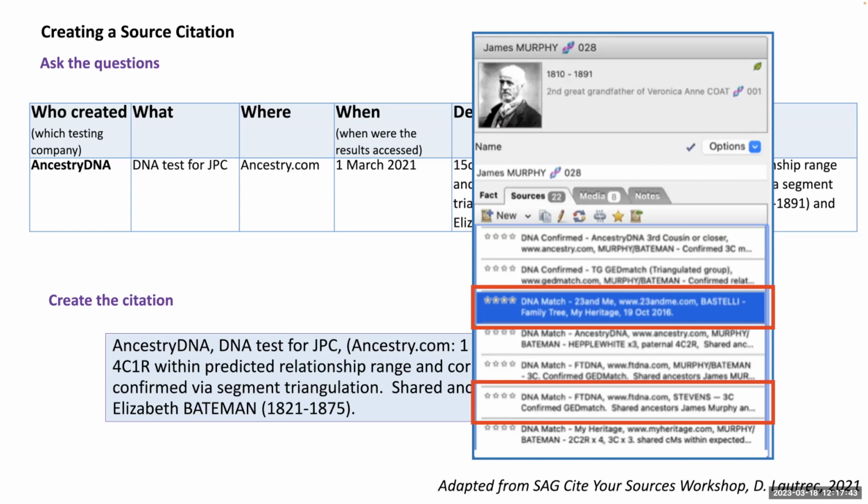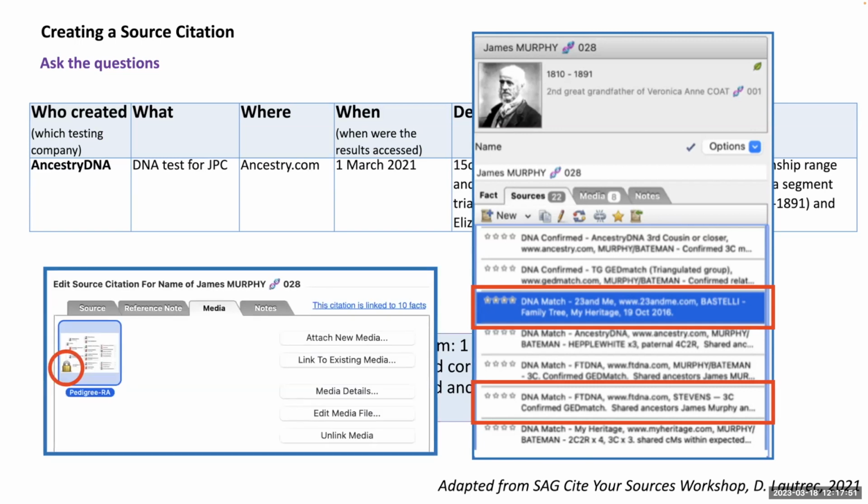And as I was working through these citations, I tried to develop a citation for each of the various scenarios of DNA matches and evidence that I had. And for those matches, Danielle was talking about having a citation for the tree.